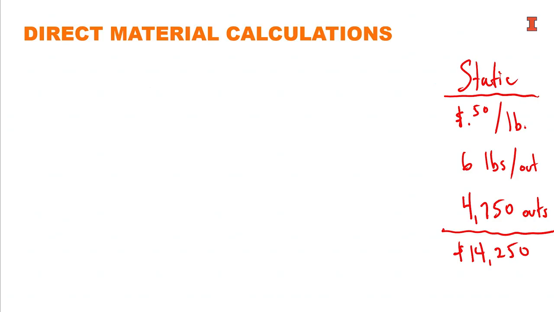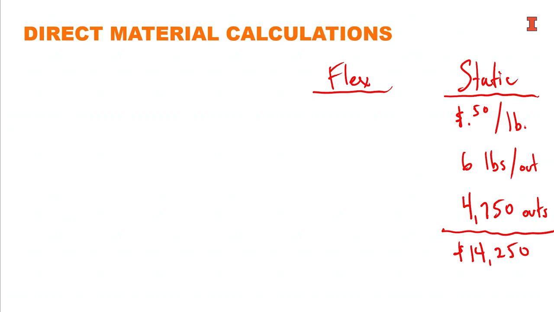Now, given what we know at the end of the accounting period, we can calculate what we actually incurred. And we can take each of our individual components and parse them out as sources of our overall variance. So our first column, moving from right to left, was called the flexible budget, flex column. And the only thing that was different between the flexible budget column and the static budget column was the outputs produced.